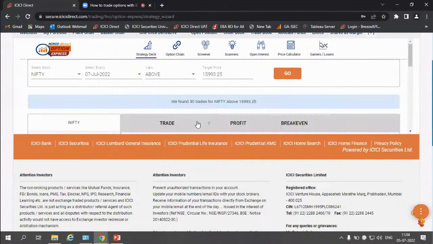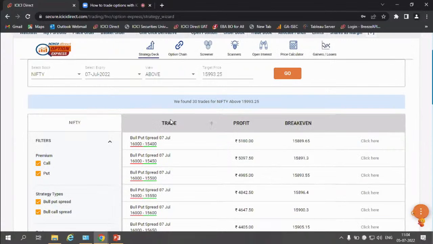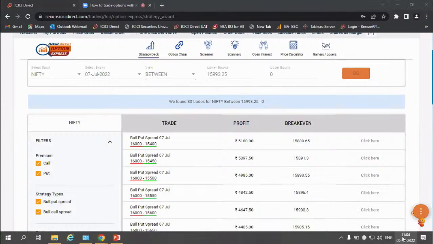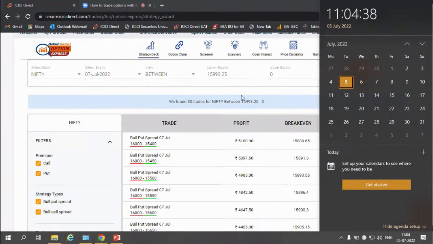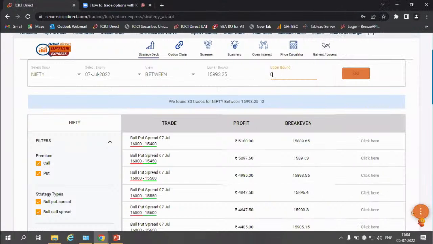Once you click on the strategy deck, you will be able to see the recommendations given based on the view. Here you have the opportunity to select whether you have an above view, which means above 15,993, which is the current market price. And if you want, you can select the range as well, if you think the market is going to expire, so today is like 5th of July, and next week on 7th of July, you think the market is going to expire between 15,993 and 16,200, let's say.